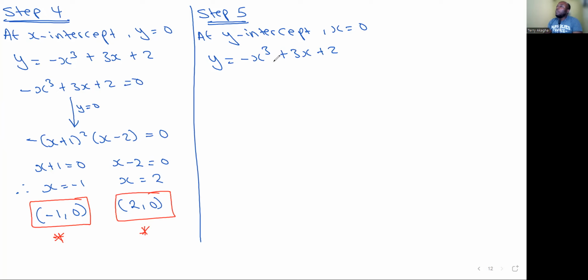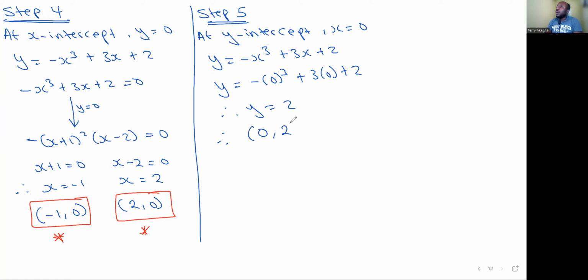So y will be equal to minus 0 cubed plus 3 times 0 plus what? 2. And therefore, y will be equal to what? 2. So to put it in the y-intercept form, x is 0, y is 2. So this is the y-intercept. All right, so we've done that.